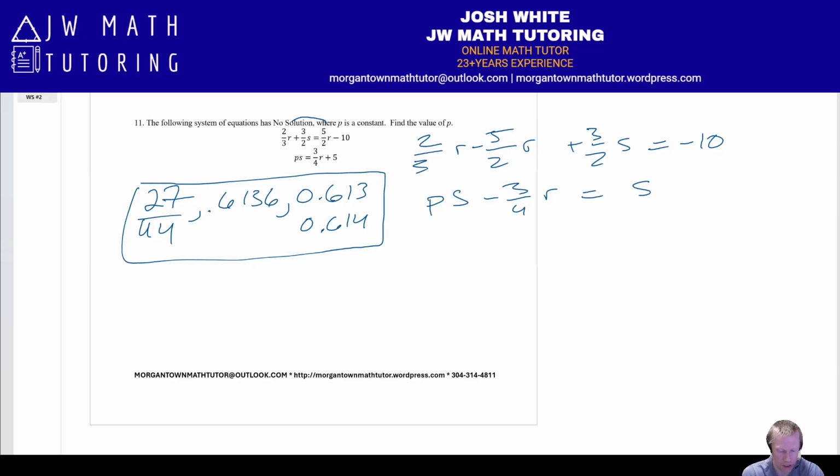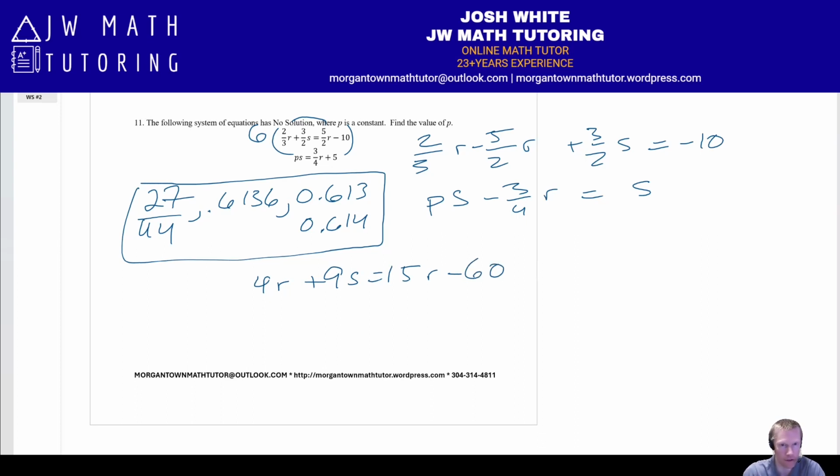Now, lastly, I'll show you how to do this by hand if you wanted to. For the first one, I would multiply by 6 to get rid of all the fractions. That's going to give you 4r plus 9s equals 15r minus 60.